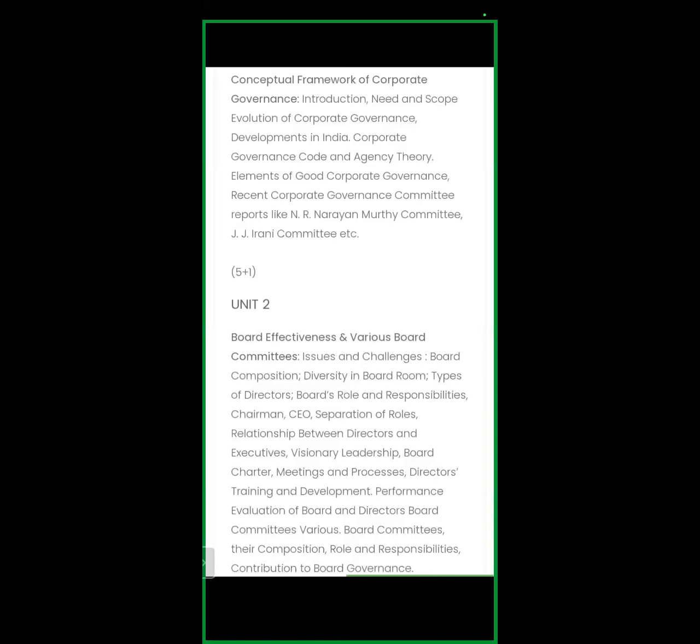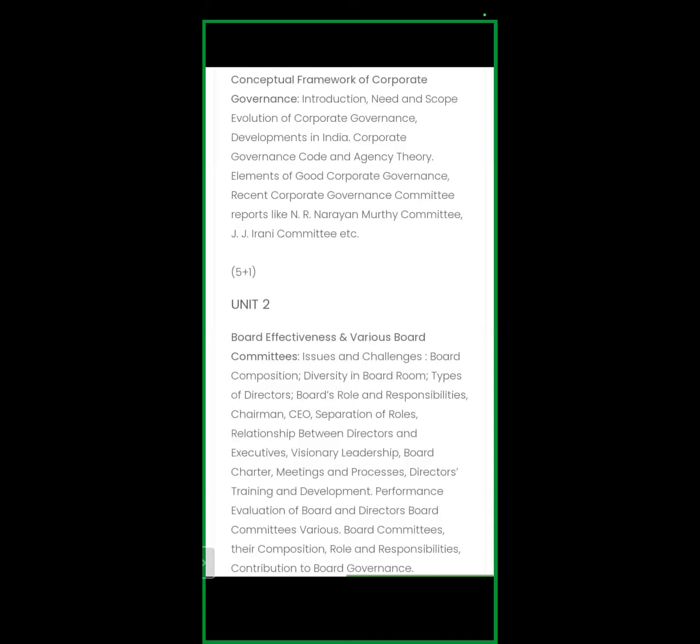That report was taken up by the government of India also. And when the Indian committee was constituted to come up with the guidelines for corporate governance, they also referred to this particular committee, and they made the changes which suited the Indian scenario. It is not that we are following that committee of UK as it is.